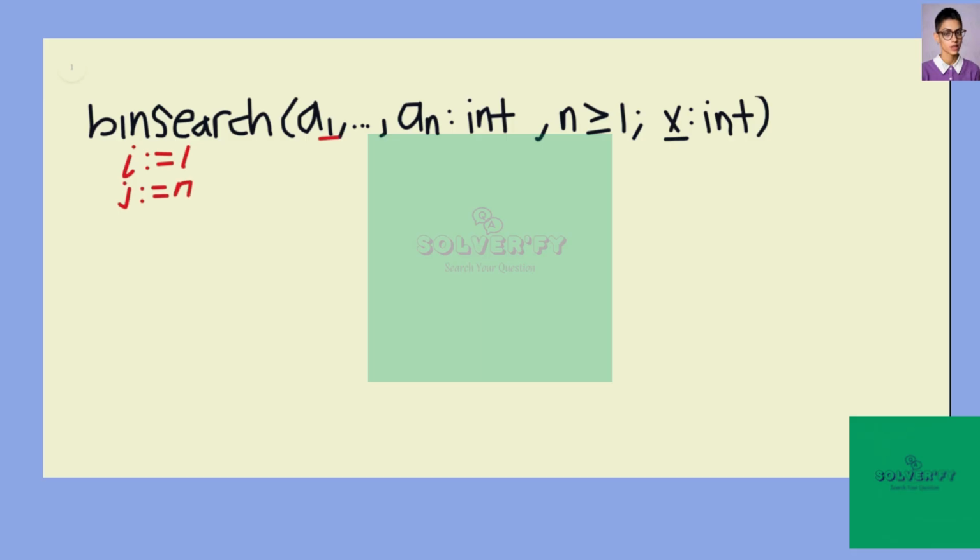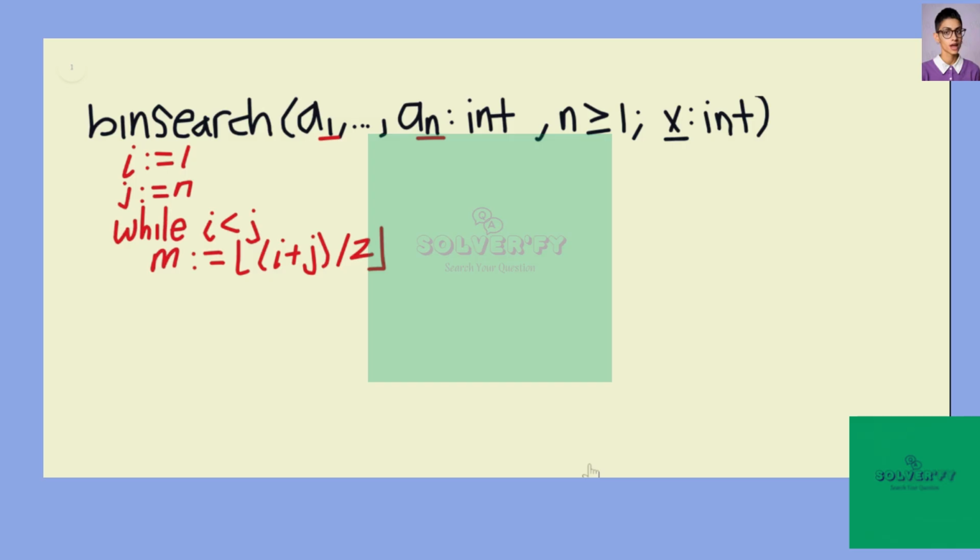So initially we're setting it to the entire list here, and then we'll say while i is less than j, we're going to find the index of the point that is roughly halfway through. So we'll take i plus j, divide by 2, but then we floor it in case it's not an even number of elements in the list.